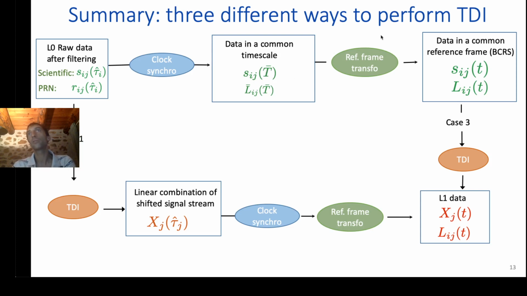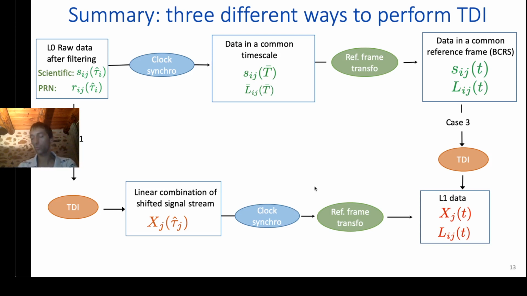You do the reference frame transformation, so you express your measurements directly in the BCRS, so the interferometric measurements do not depend on the TCB, and you transform the pseudo-range measurements into coordinate times of flight of the photon, and then you can apply the TDI algorithm to get the answer that you want, the L1 data, which are the TDI variables expressed in the BCRS.